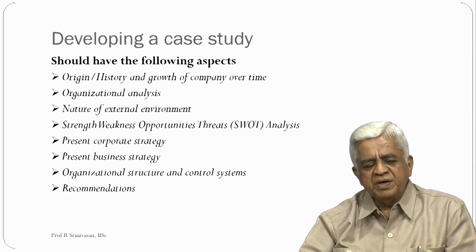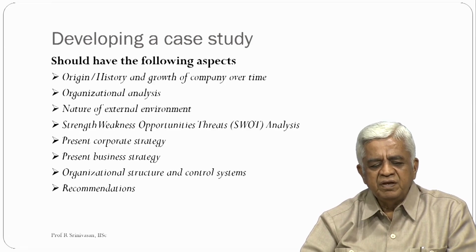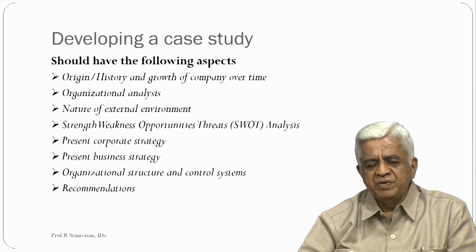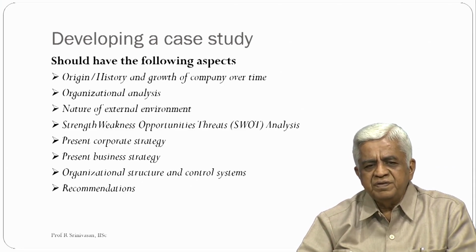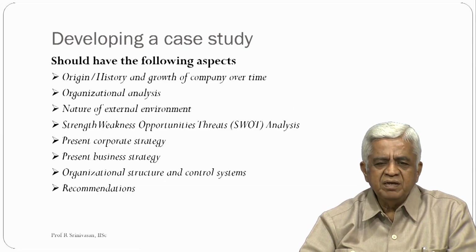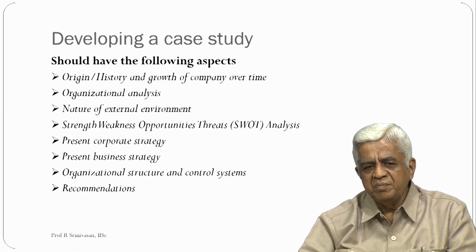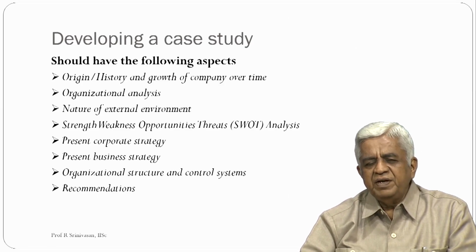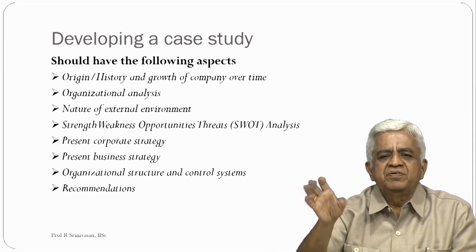The third aspect which has to be dwelt upon is, what is the nature of the external environment? Is this organization a monopoly? If you look at the present day Indian business environment, you will find it very difficult to categorize an organization as a monopoly.